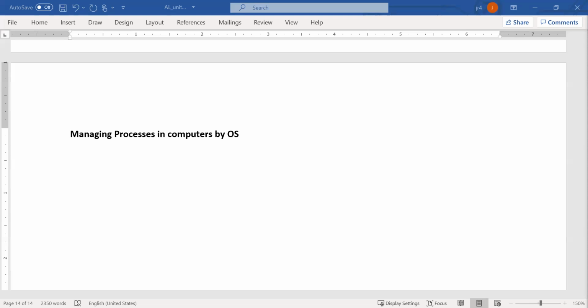Now there are two different things we have to look at: program as well as process. A process is a program in execution. When you are running the code of a program, it becomes what we call a process, right?